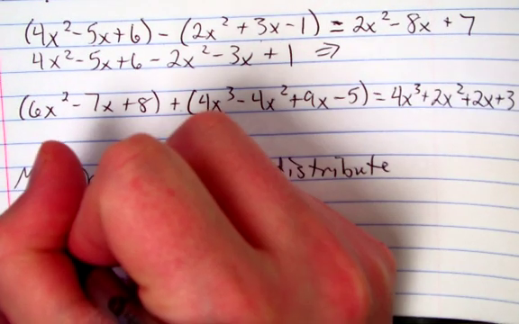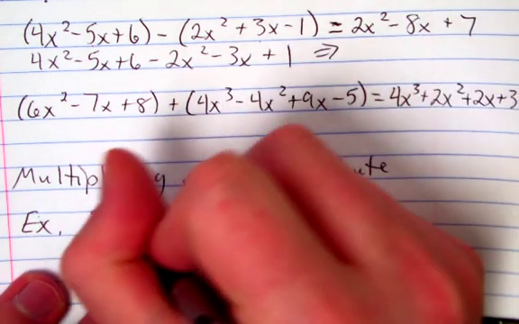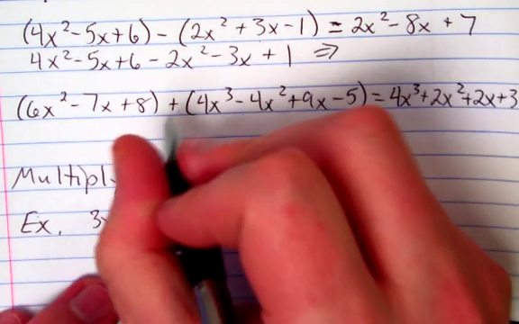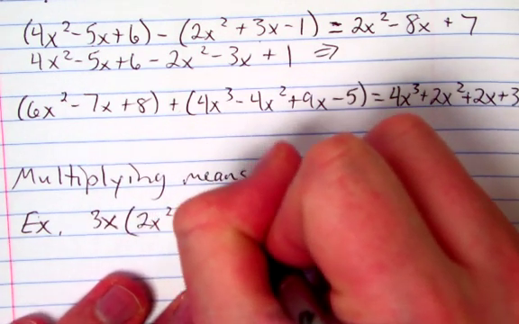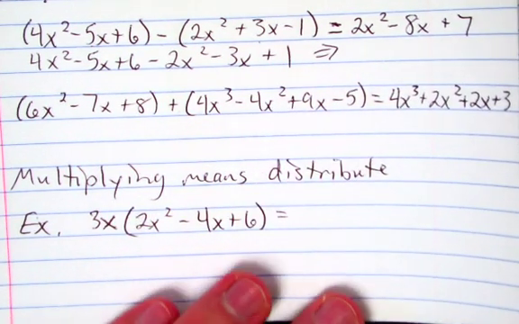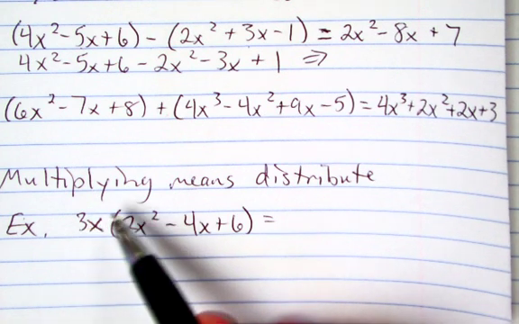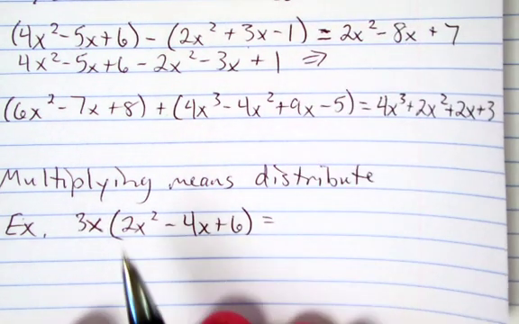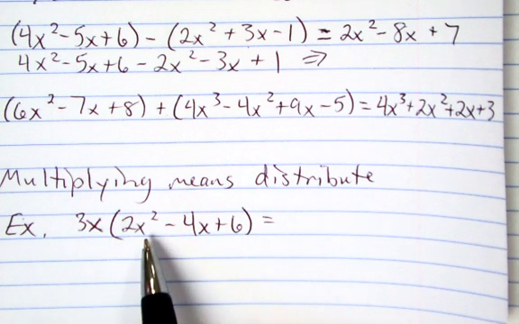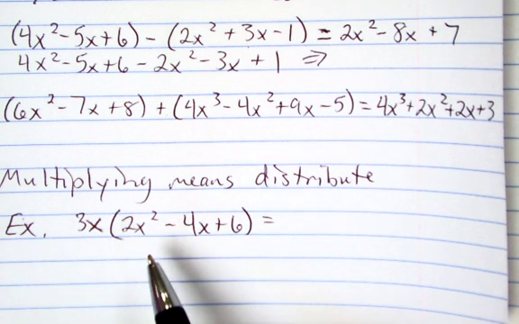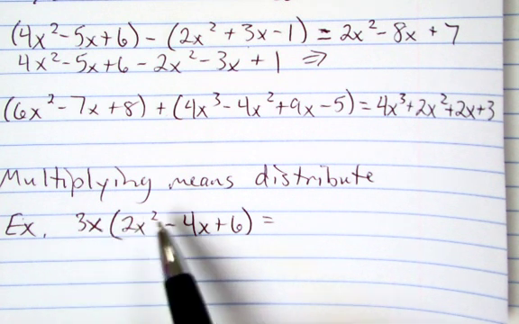That could be as simple as, say, 3x times 2x squared minus 4x plus 6. I would then just distribute the one term in the first to each term in the second. Remember that when I multiply these terms together, I would be using my power properties. So if I have the same base, I can add the exponents together.